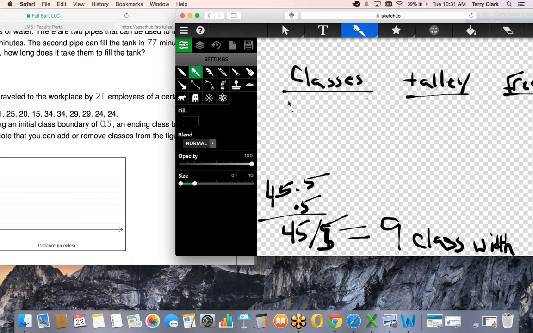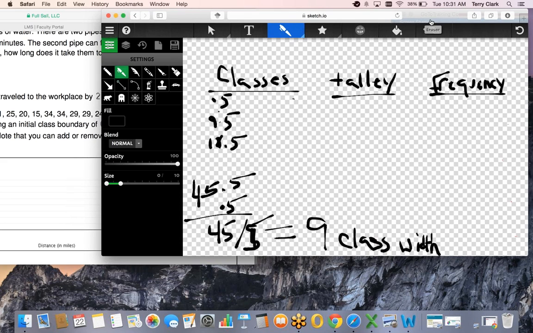All right, so there we go. We got 0.5 here. And then that's going to be 9.5, 18.5. Right now, I'm going to take the bottom part off.